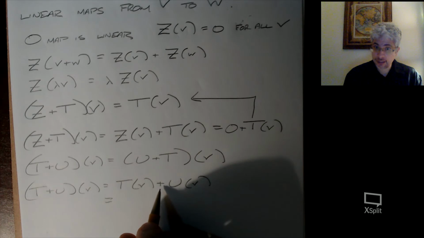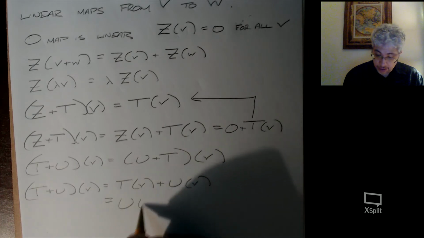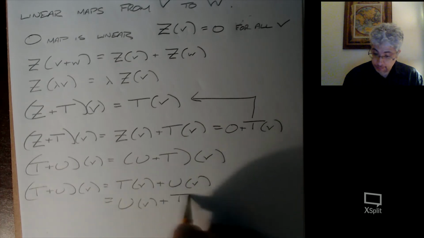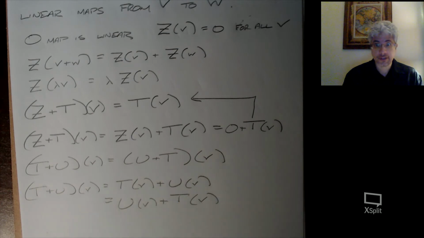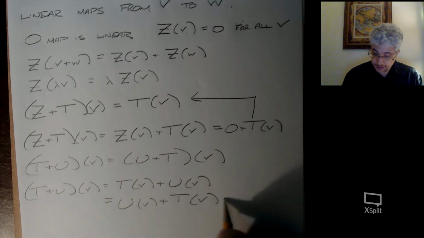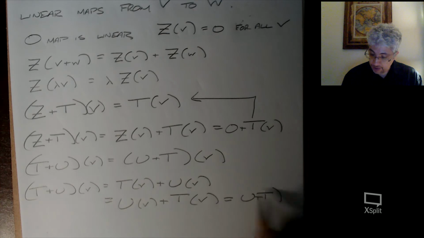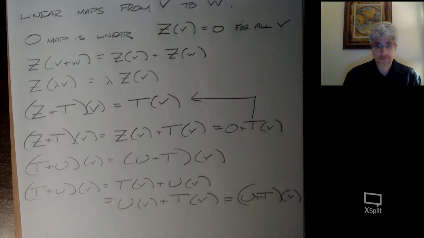That takes place in the vector space W. But W is an abelian group under addition. It satisfies those addition axioms, so that equals this, which is equal to U plus T of V. So we have commutativity and we have an identity.